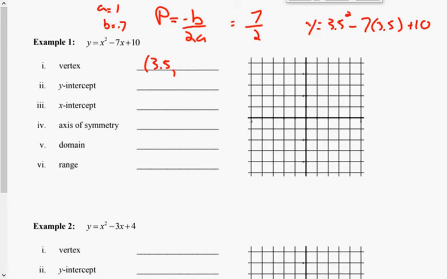Negative 2.25. That sounds about right. So there's your vertex.